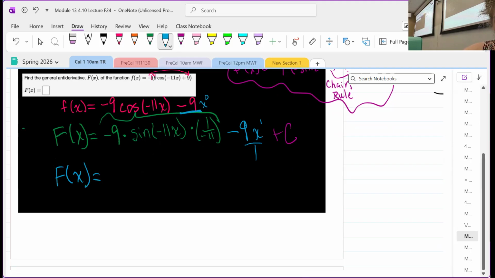Now I'm going to do a little bit of cleanup and then we'll do the derivative and then the derivative will have a little bit of cleanup. So the negative 9 times 1 over negative 11 becomes a constant 9/11ths in front times the sine of negative 11x. And then we have minus 9x plus c.